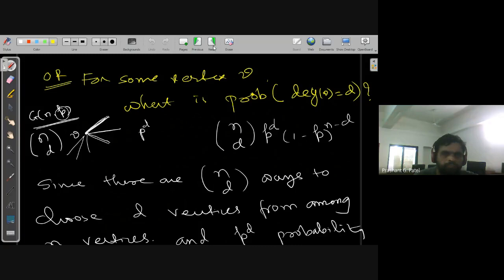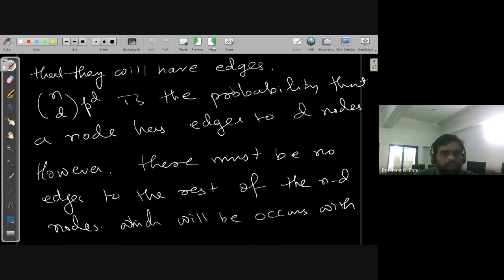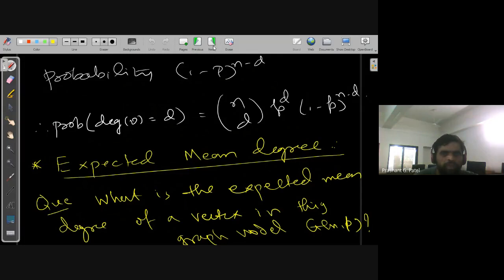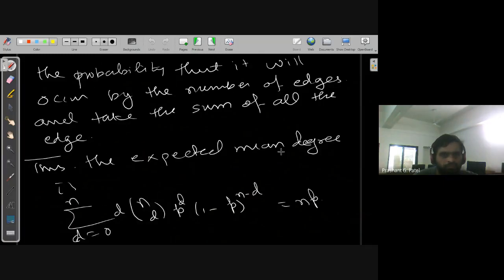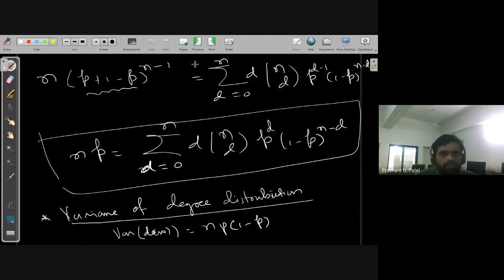Then we talked about the expected degree, or mean of the degree, and that turns out to be np; we derived that formula. And I'll give you as homework to derive the variance of the degree distribution, which will be np(1-p).